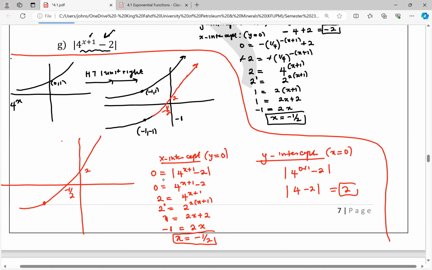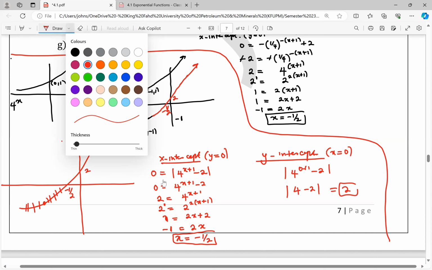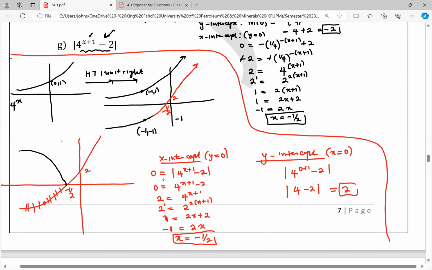But because this is an absolute value, it means you have to remove everything that is below the x-axis. Look at from here to here, it is below the x-axis, right? So we have to reflect it across the x-axis, which will be something like this.